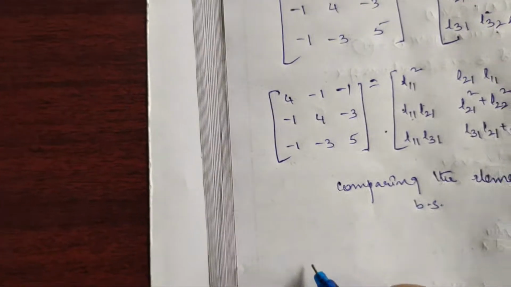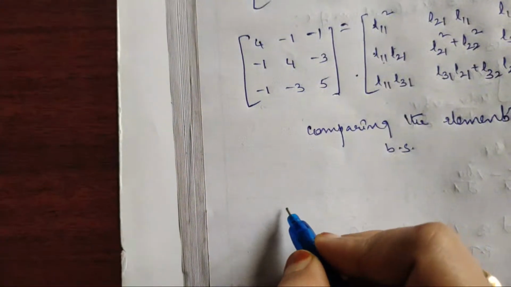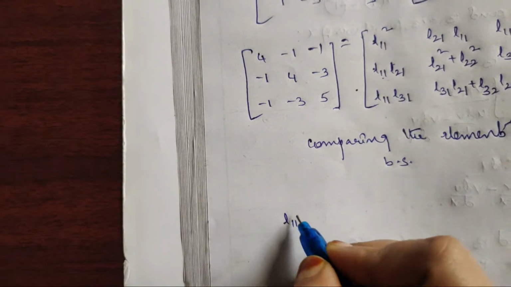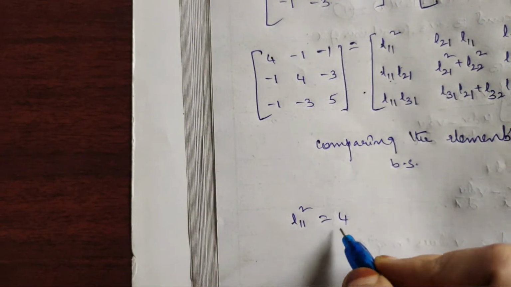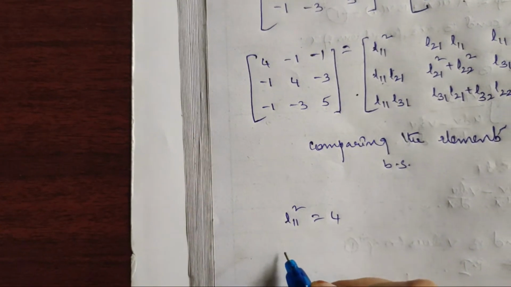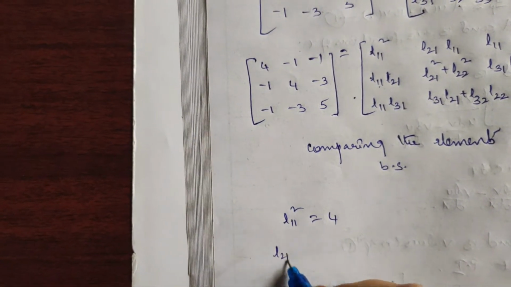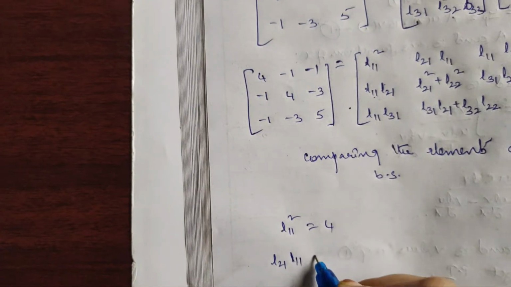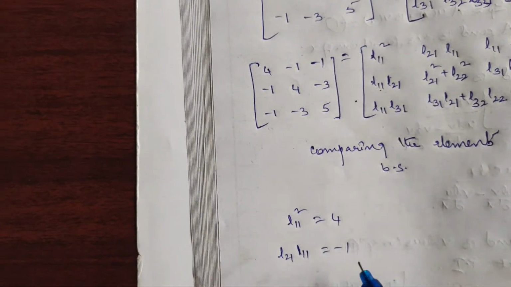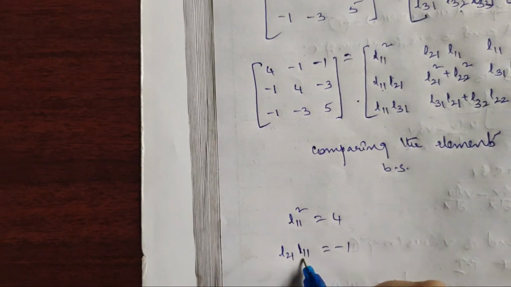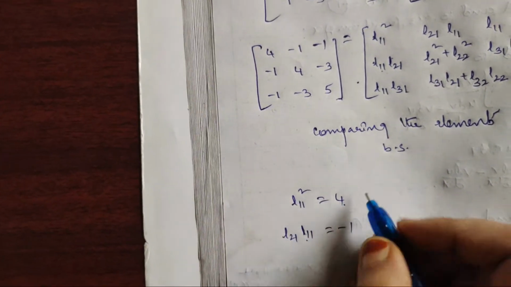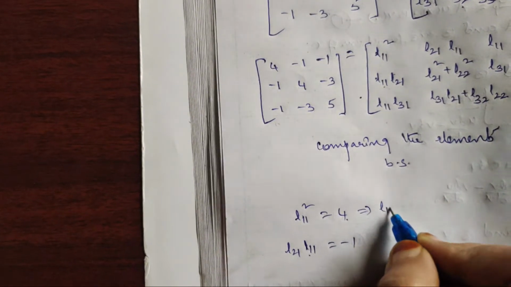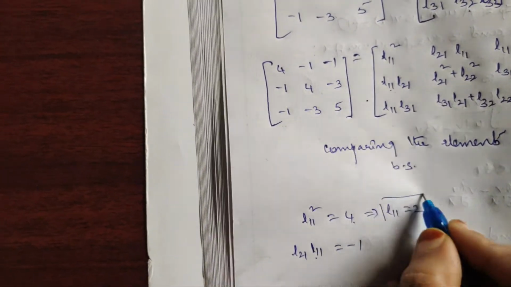L11 square equals 4. Removing the square, L11 equals 2.